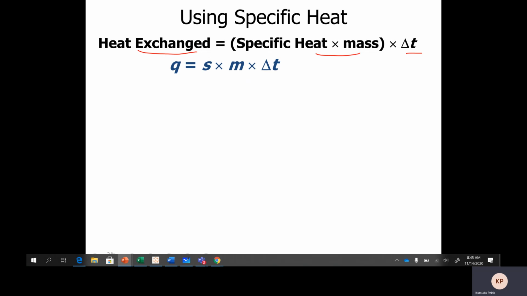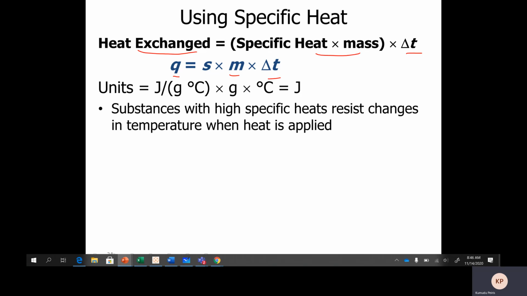If I use the abbreviated symbols, then Q equals S multiplied by M multiplied by the temperature change. The units of the specific heat will be joules divided by grams multiplied by degrees Celsius. So, substances which have high specific heat resist changes in temperature even when heat is applied.